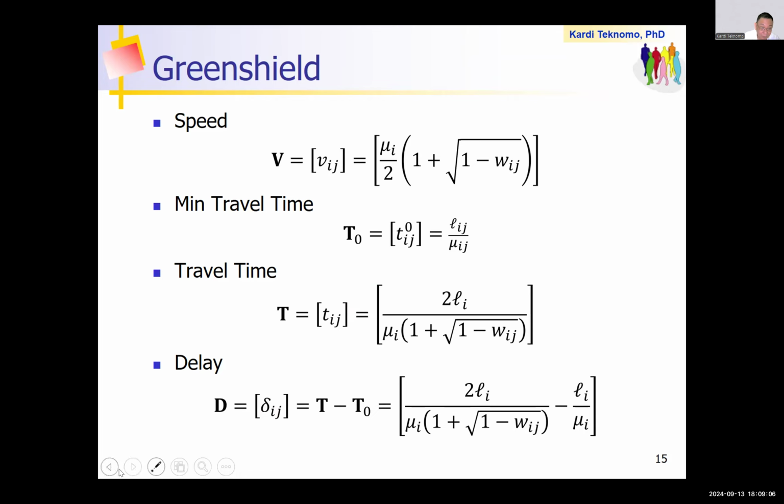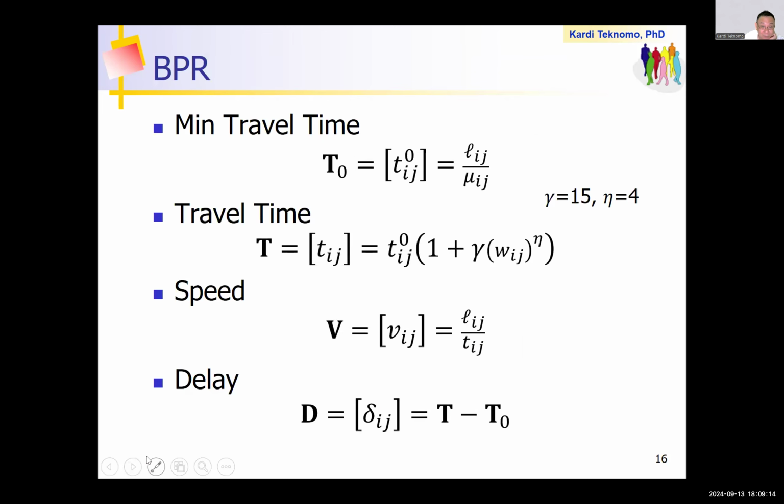So if you look at this, the software is actually rather simple, only based on this one. You can also use another method. This is based on the Bureau of Public Roads in the US, 1964. The formula is slightly different, so it becomes non-linear. In this case, the minimum travel time is the same, but the travel time changed.